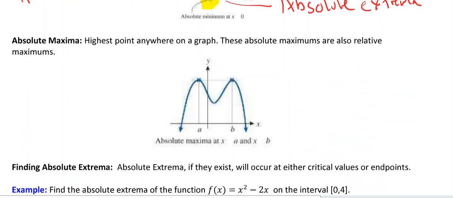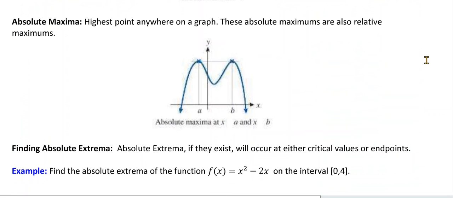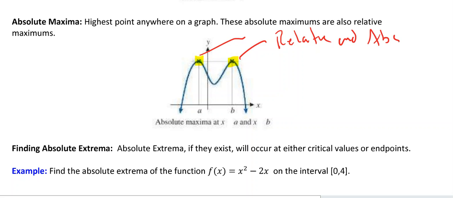So here we have an absolute maximum and an absolute maximum, which are also relative maximums. So these are both relative and absolute maximum points. And we also happen to have a relative minimum here.